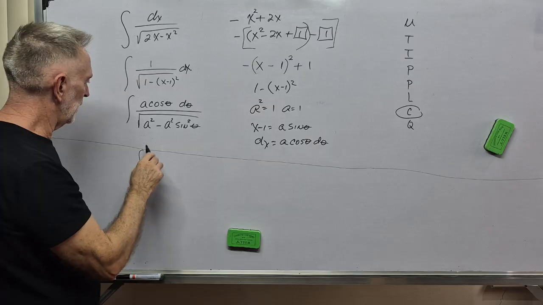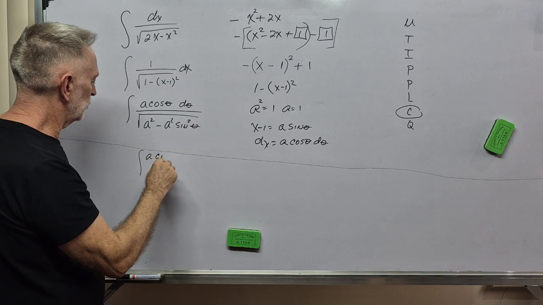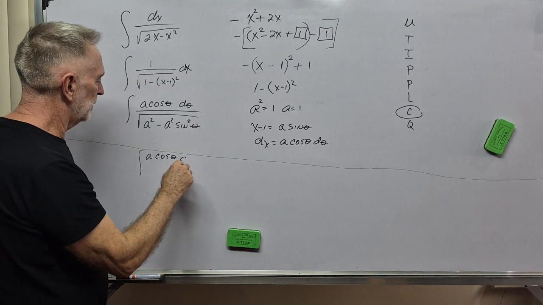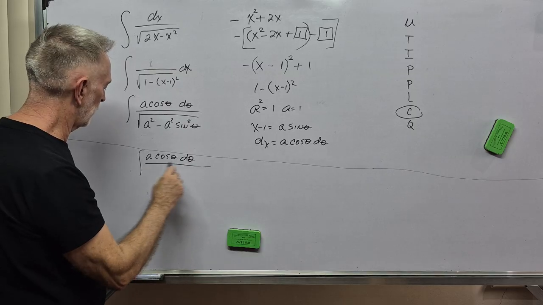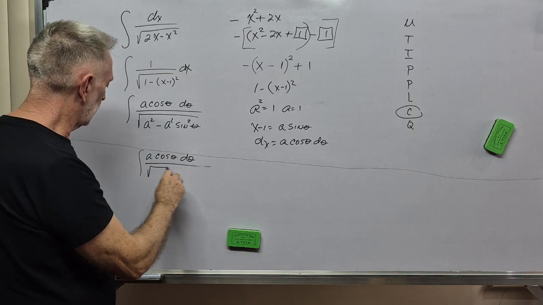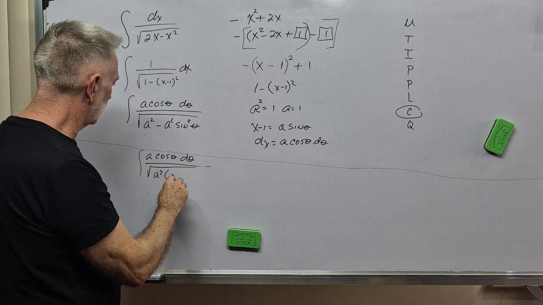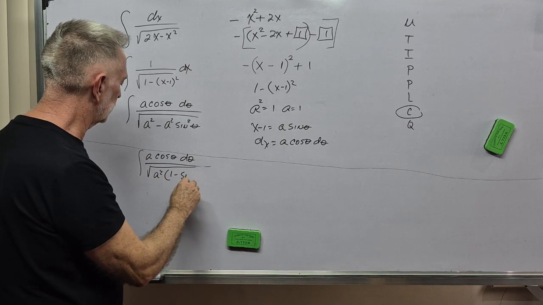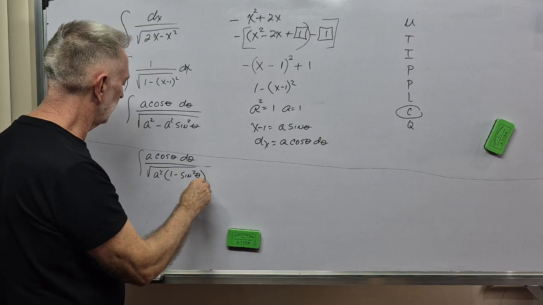So we have the integral of a cosine theta d theta over the square root of a squared times 1 minus sine squared theta.